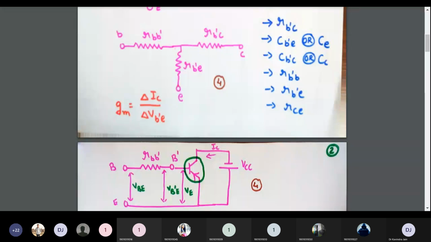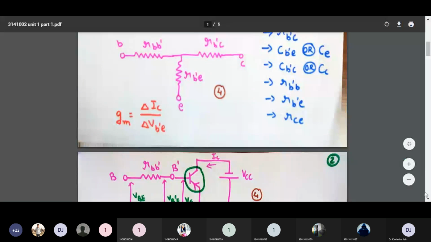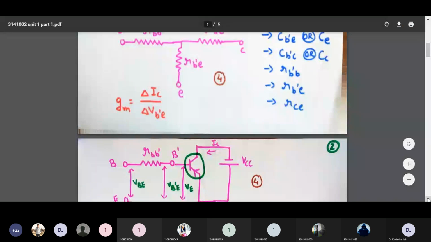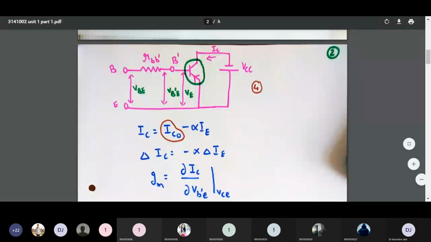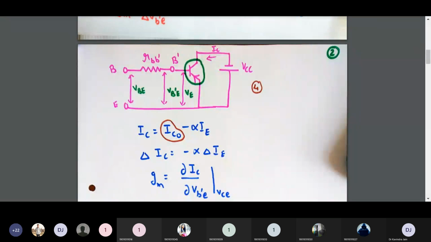So now guys, according to figure number 4, we already know IC equals ICO minus alpha IE. You already know what ICO, alpha and IE are. Alpha is the current gain, ICO is the back-propagation current, the collector current in reverse saturation.